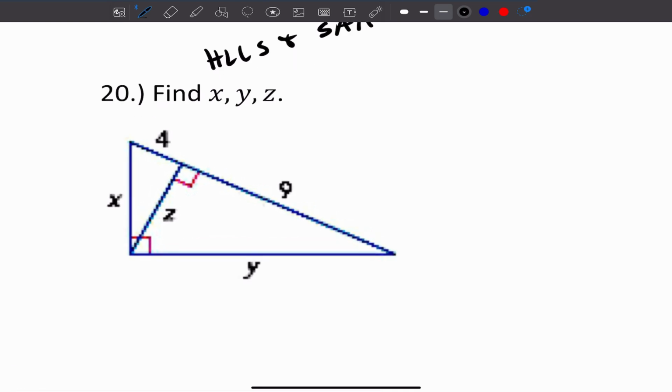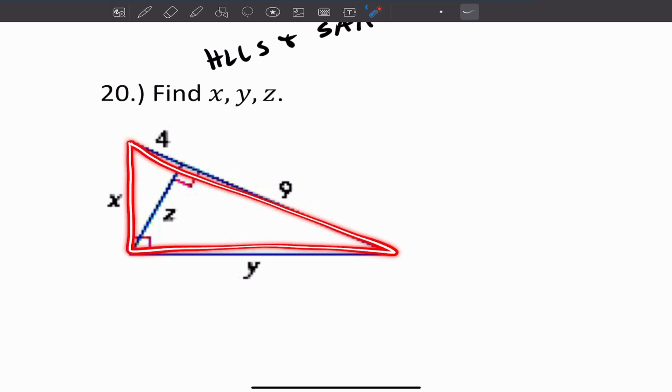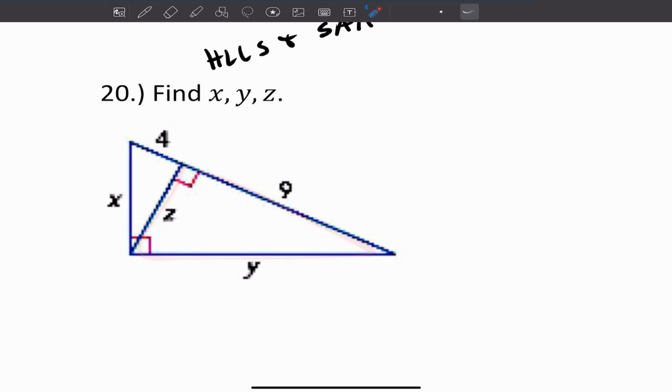So across from the 90-degree angle, this is my hypotenuse of the original figure. Yes, I know this is the 90-degree angle. There's a 90-degree angle here, but I want to find the hypotenuse of this whole triangle, not this triangle here, okay? So this is the hypotenuse, and the hypotenuse is 4 plus 9, that's 13.